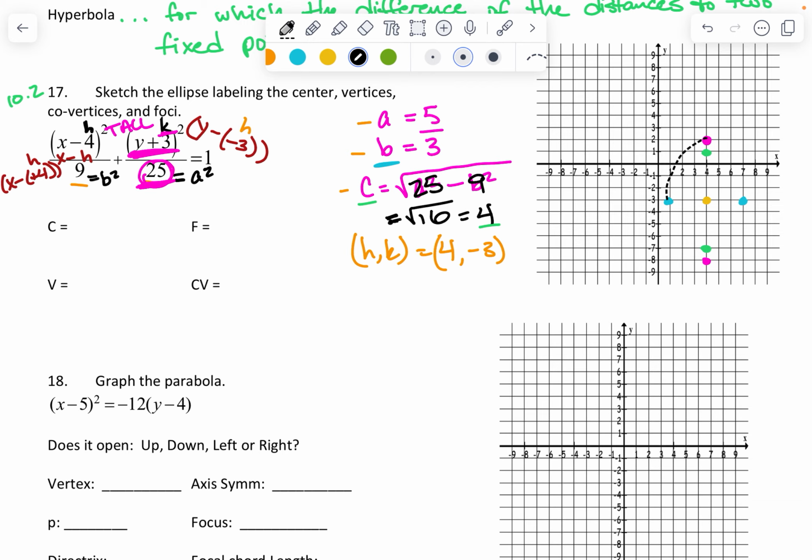And the ellipse is not going to be perfect. I shouldn't have picked this dotted line if I was going to trace over it. But it's kind of this oblong circle. You can perfect it a little bit as you go. So that's our ellipse right there.